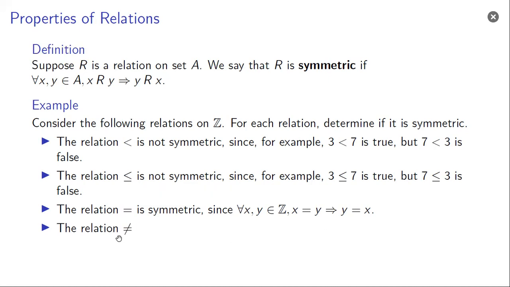How about the relation representing not equals? Is this relation symmetric? Remember, this relation was not reflexive, but that doesn't mean anything regarding symmetric. It could either be symmetric or not. So which is it? It actually is symmetric. Remember, it was not reflexive, but it is symmetric.